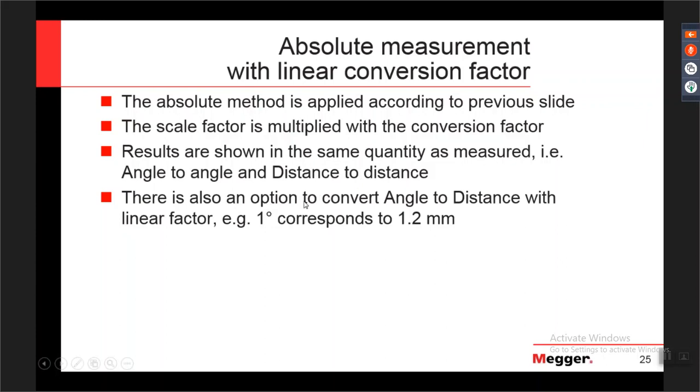The thing is that with some breakers, you can have this linear conversion factor. Like you know that 1 millimeter at your transducer corresponds to 2 millimeters at the breaker contact. And there are such types of definitions. You can also do an angle to distance linear factor, meaning that 1 degree, for instance, corresponds to 1.2 millimeters at the breaker contact. That's also possible.